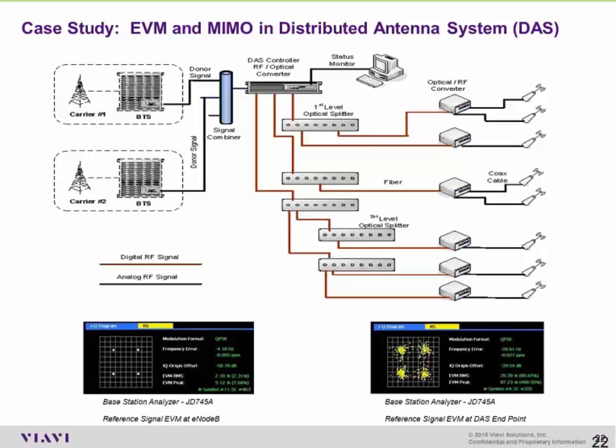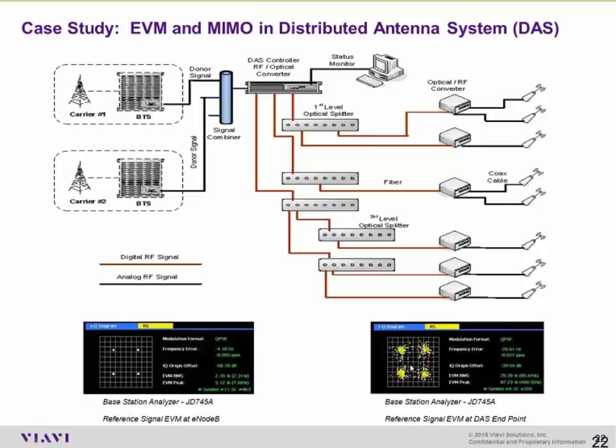DAS systems have been phenomenal about creating higher capacity in large venues or in buildings or where people tend to congregate. But DAS systems have 2 very important purposes in life. One is to get signal quality from point A, meaning the BTS, out to these antennas without degrading that signal quality, as well as get signals from the input into those radios at the remotes back to the BTS without degrading the signal quality.